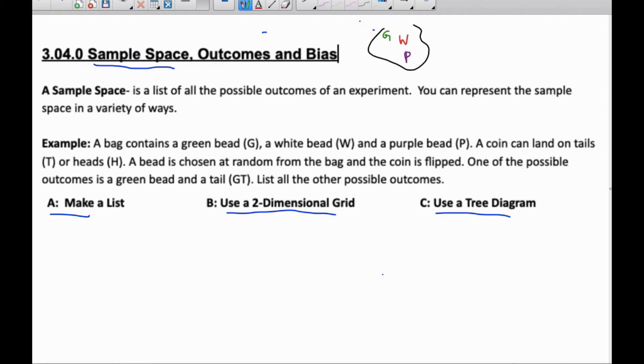And then I also have a coin that could be heads or it could be a tail.